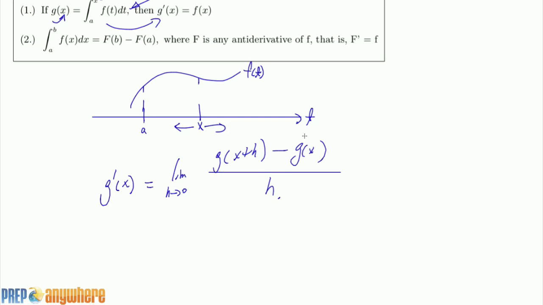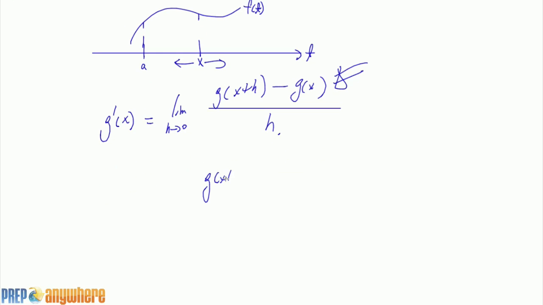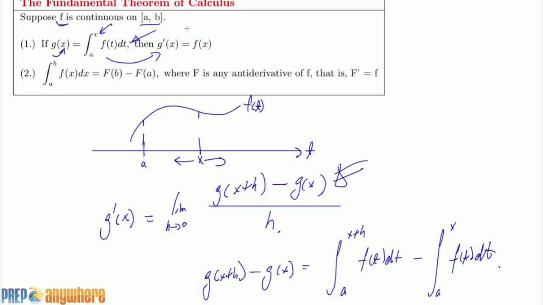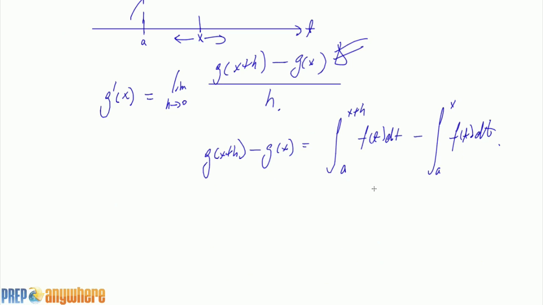Let's figure out what that is first. g at x plus h minus g at x is the following: integrate from a to x plus h, minus a to x, of f at t dt. Do you guys follow so far? All I did was use the definition of g and write it like that.